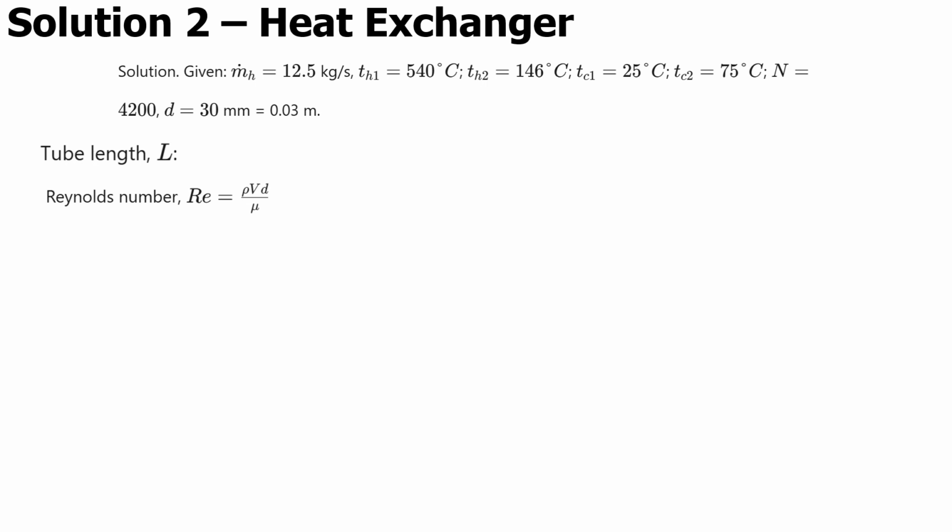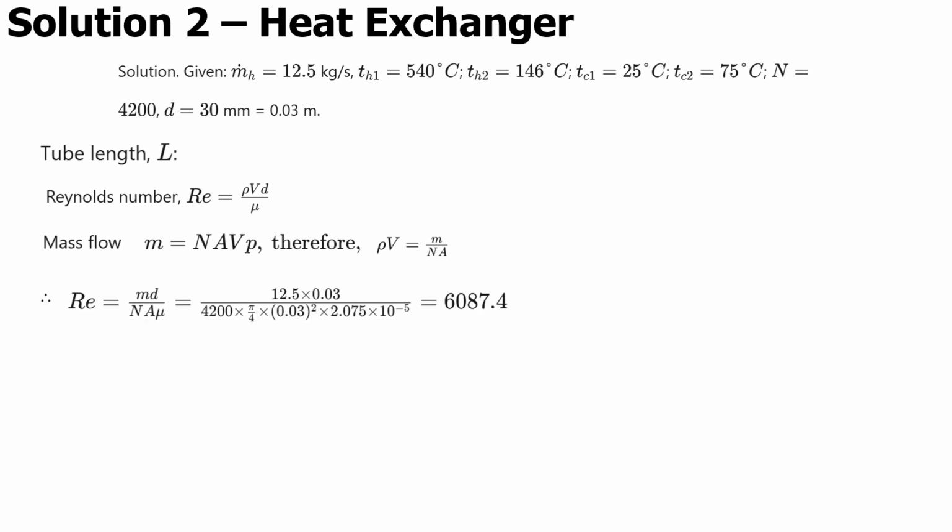So rho times V equals m divided by N times A, where A is the cross-sectional area of a single tube, and substituting into the Reynolds number, Re equals m times D divided by N times A times mu, where the cross-sectional area A is pi over 4 times D squared.